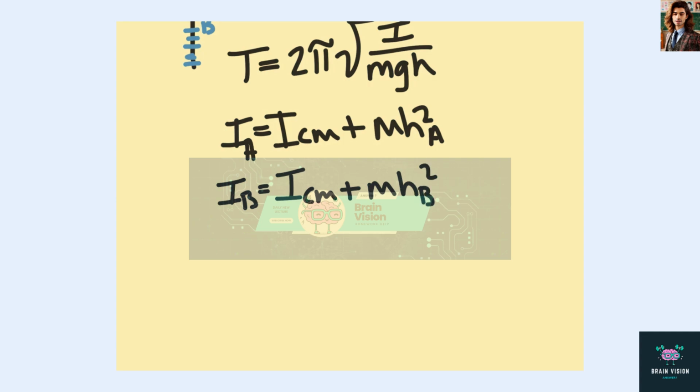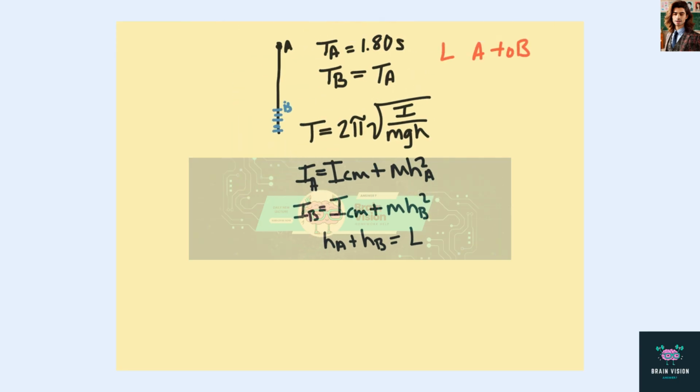And HA plus HB is going to equal the distance between our 2 points, so between point A and point B is L, or HA plus HB.